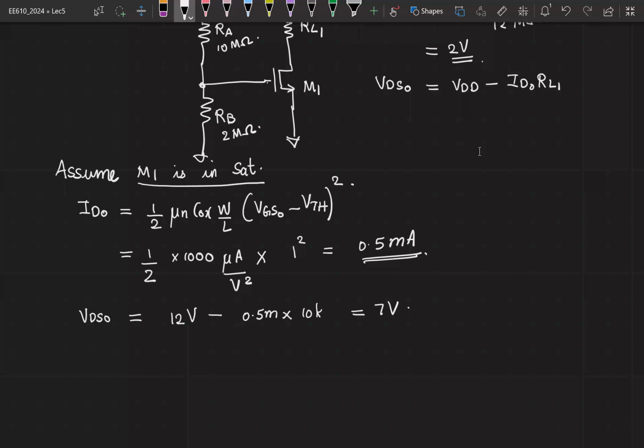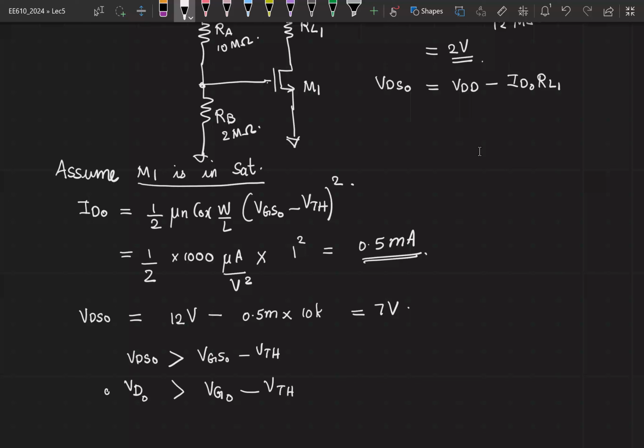So once you get the solution, we have to verify if the assumption is valid. So for saturation region, VDS0 has to be greater than VGS0 minus VTH. In other words, I can directly write it as the operating point drain voltage has to be greater than operating point gate voltage minus VTH.